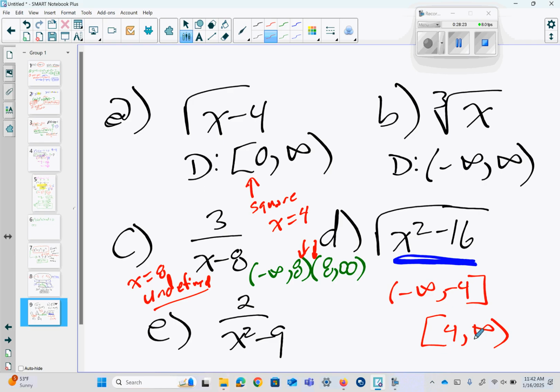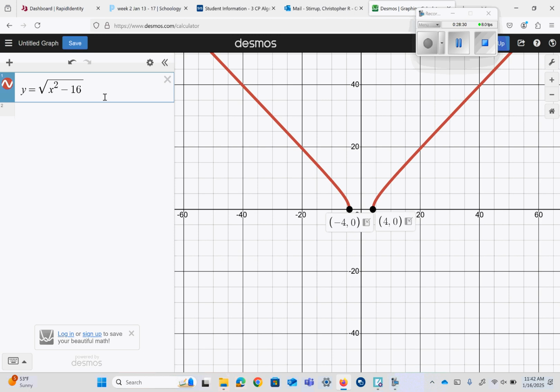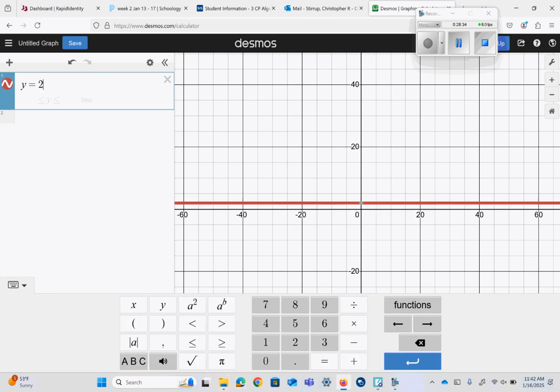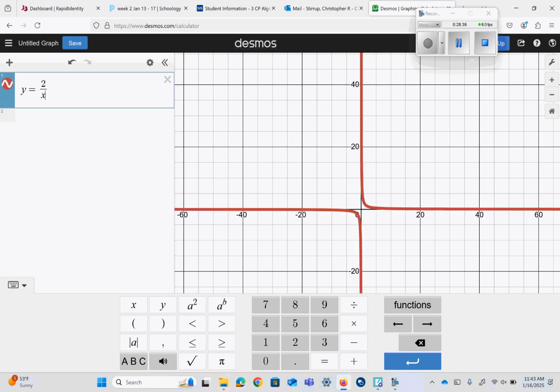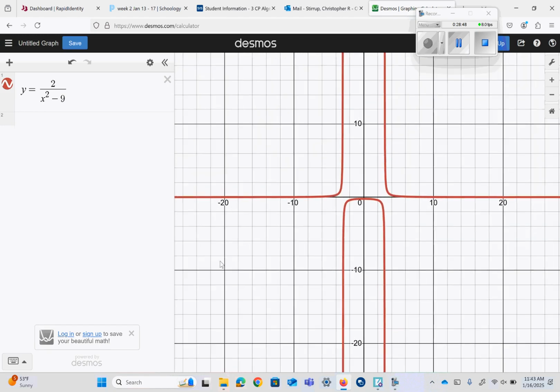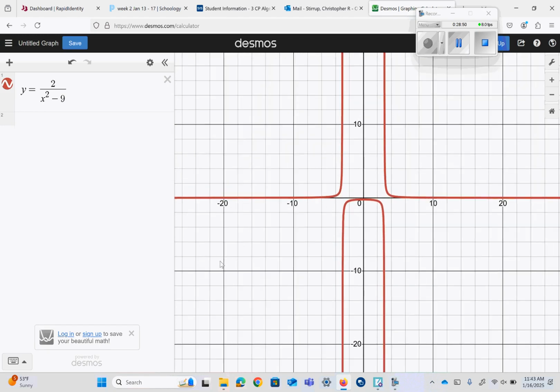Questions so far? I know I went kind of fast. Let's take a look at that last one. I get 2 divided by x squared minus 9. Pretty goofy looking problem.